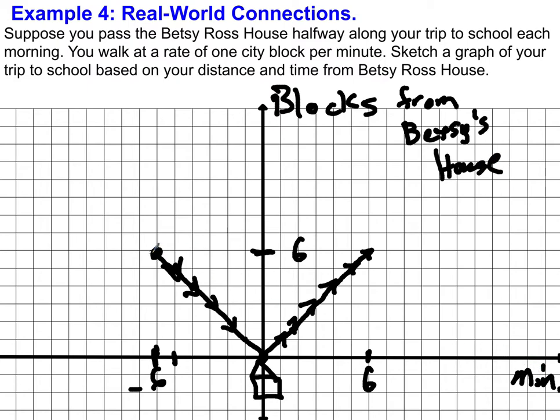So here I was 6 blocks away, then 5, 4, 3, 2, 1, 0, I was passing her house, and then 1, 2, 3, 4, 5, 6 blocks away when I got to school. This would be the graph, an absolute value function. Okay, and that's it for this section.